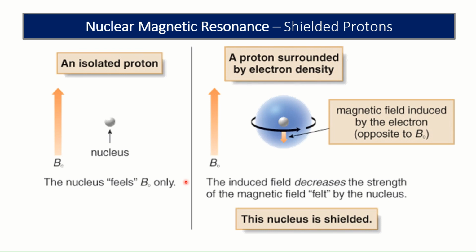Once we have electrons around our nucleus, we now have electron spin creating a small magnetic field which opposes the applied field, and so we have a difference in where the nuclei resonate depending on what environment that nucleus is in.